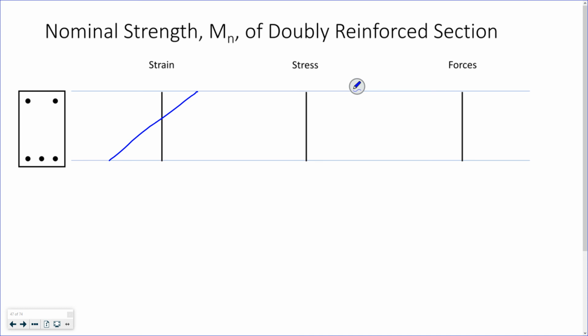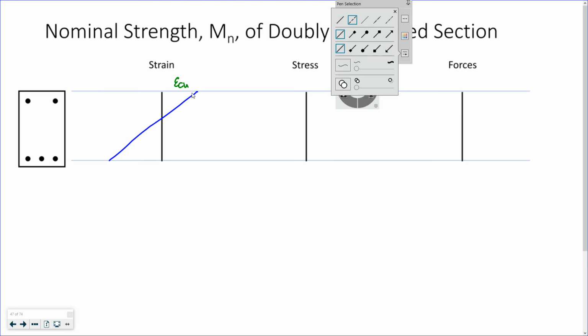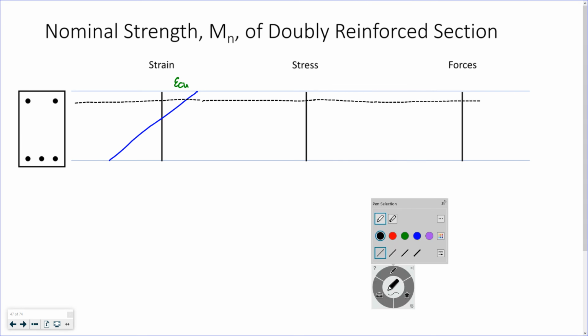I'm gonna draw my little strain profile. You should be a pro at these right now, right? The strain in my extreme compression fiber is epsilon_cu. I've got compression steel.